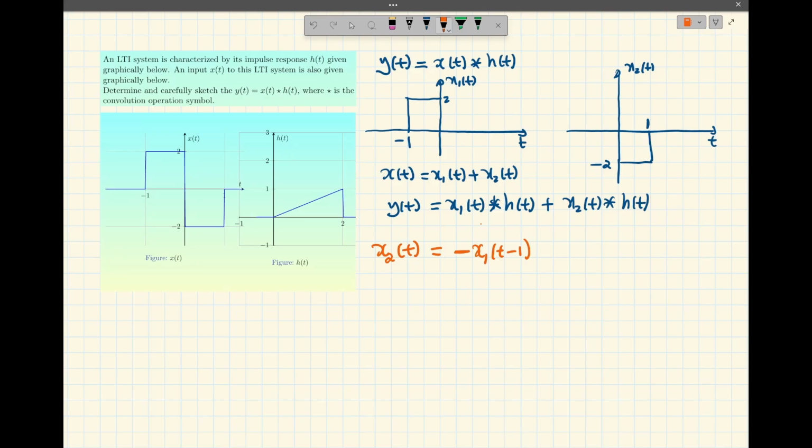Okay, because the system is linear and time invariant, once I know the output given by x1, I can call it y1, then y2 of t will be equal to minus y1 of t minus 1.